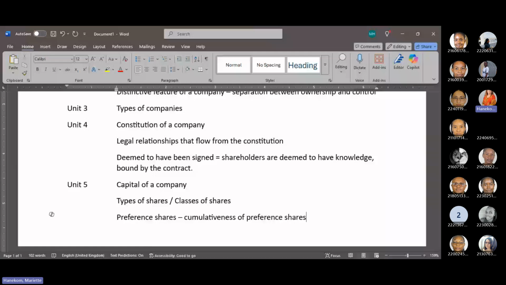If, however, in a particular financial year the board does not declare a dividend, the preference shareholders' right to that dividend doesn't fall away. These undeclared and unpaid dividends accumulate, and if the directors feel the company is financially stable, then arrears dividends must be paid first.